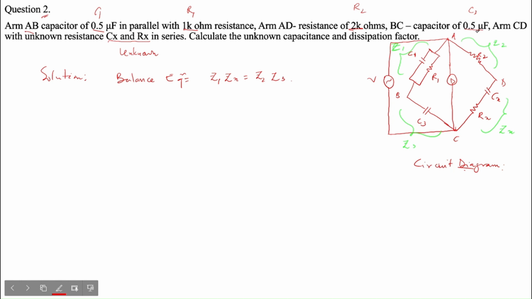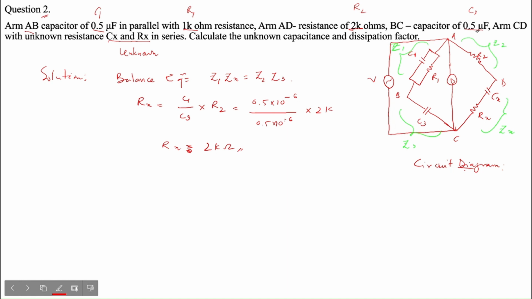From this equation, we get Rx equals C1 divided by C3 times R2. C1 is 0.5 times 10 raised to minus 6 divided by C3, which is also 0.5 times 10 raised to minus 6, times R2 which is 2K. So the resistance Rx value is equal to 2K ohm.